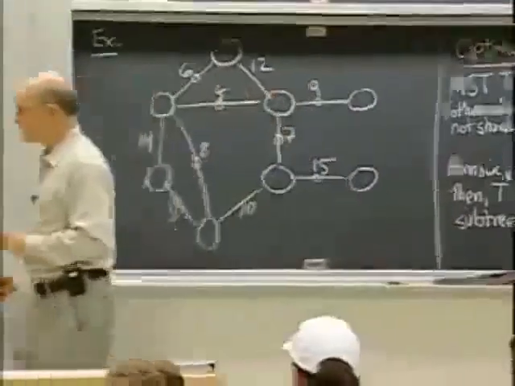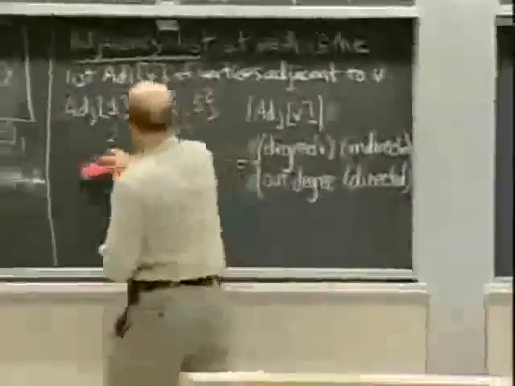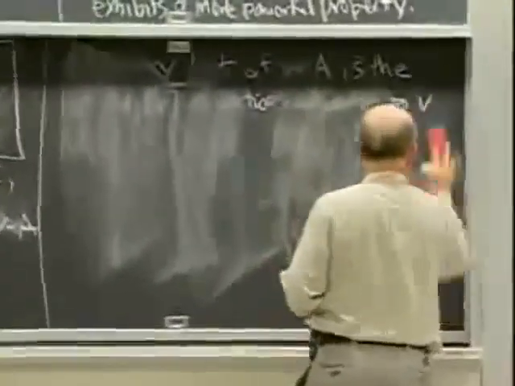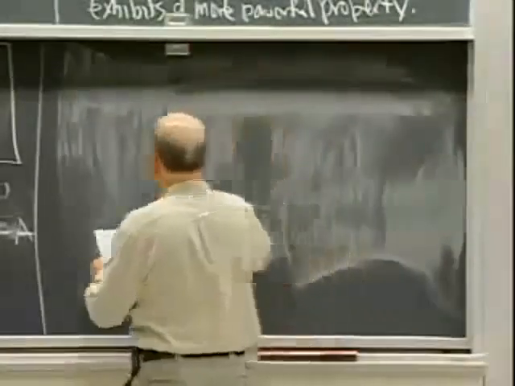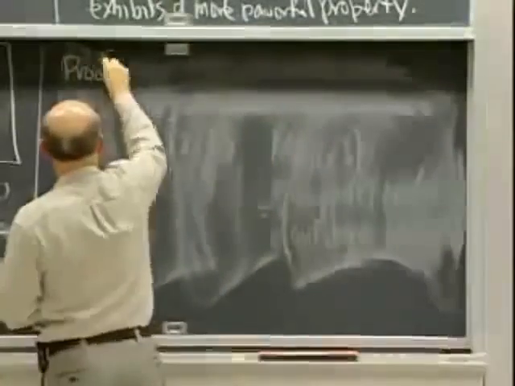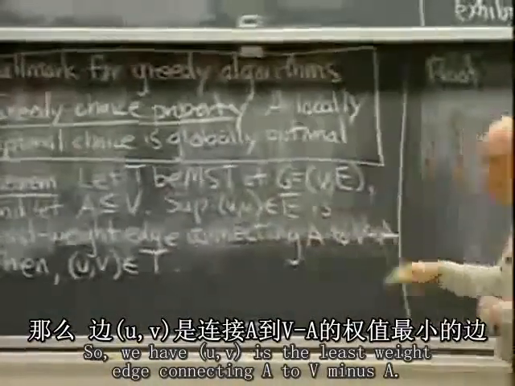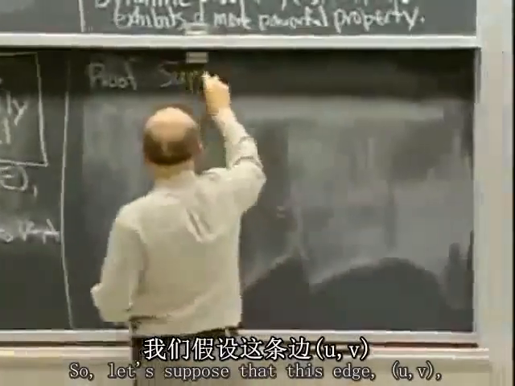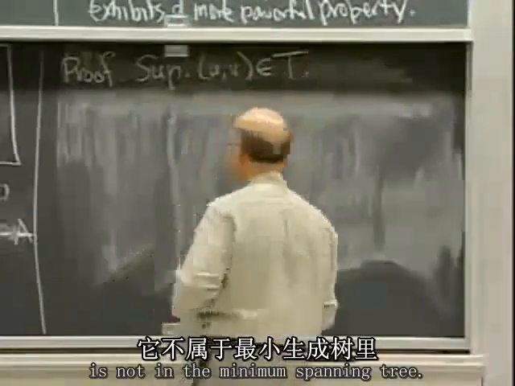So let's prove this theorem. Any questions about this? Okay. Let's prove this theorem. We have UV is the least weight edge connecting A to V minus A. So let's suppose that this edge UV is not in the minimum spanning tree.